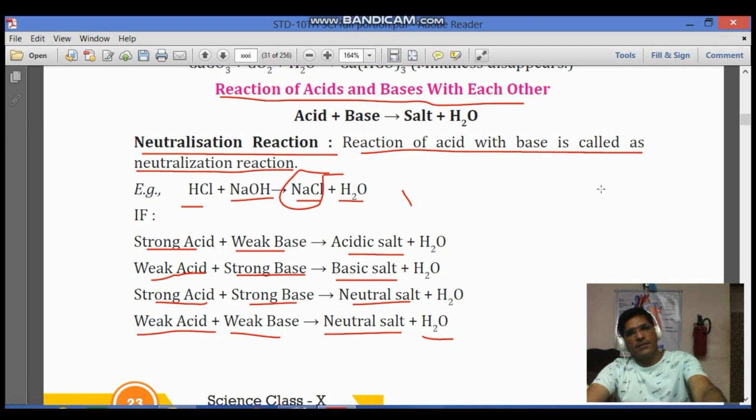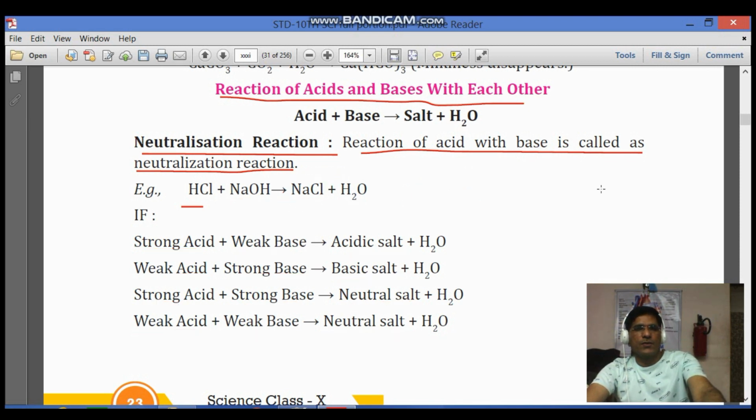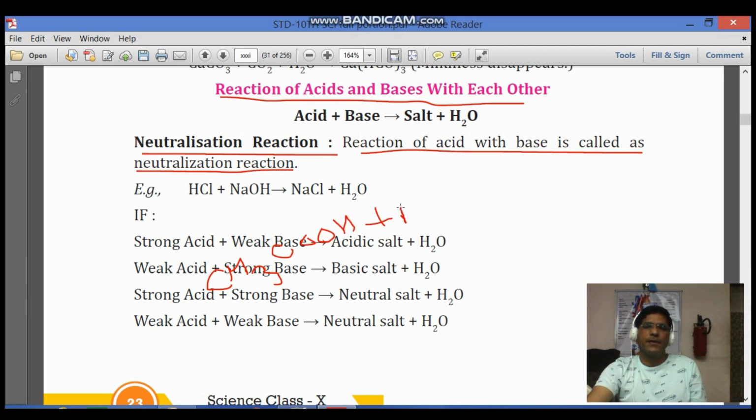In your text, these reactions are given. One more, so three reactions done; now weak acid and weak base. So CH3COOH is our weak acid. Now the weak base, already I have written over here, NH4OH.